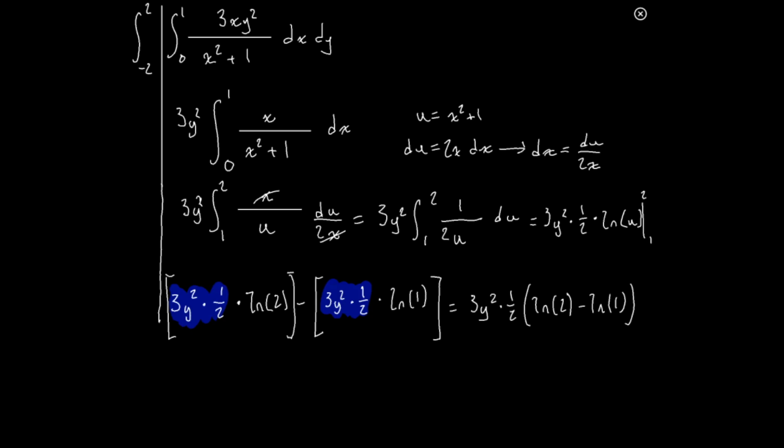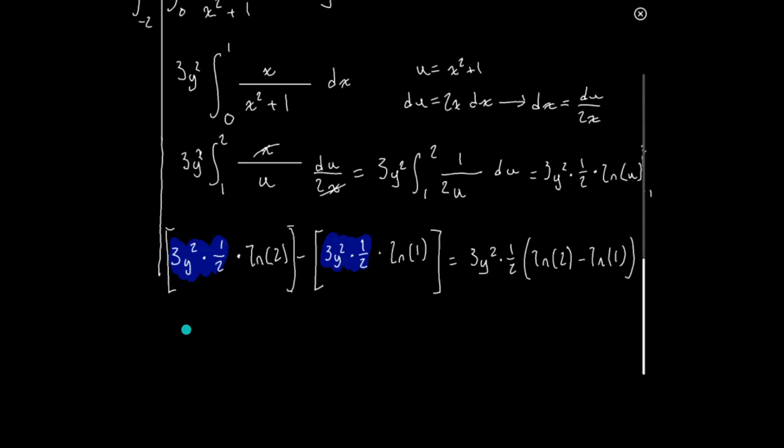Okay, and after a while you'll become comfortable enough that you won't even have to do this first step. You can just jump straight to doing this. All right, and then we simplify from there, and what do we get?